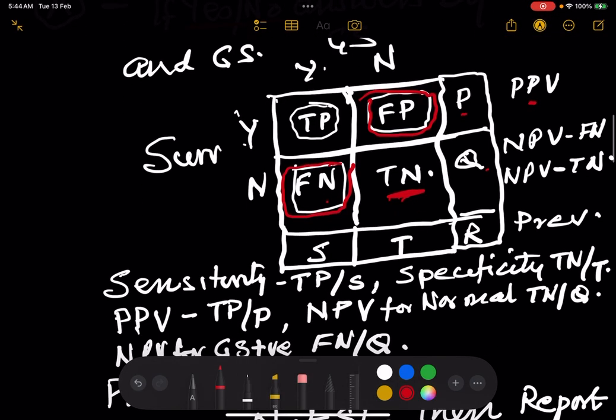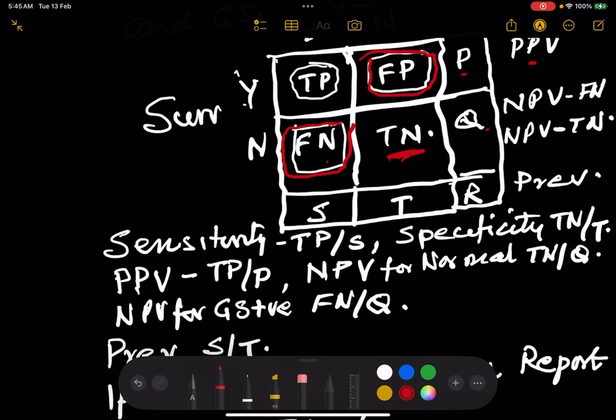And these are the basic column totals. If you want to say how many in the study population had disease, it is the gold standard positives, all, that is S upon the total numbers in the study, S upon R. So here I would like you to remember this: sensitivity is TP upon S, specificity TN upon T. They are column values.